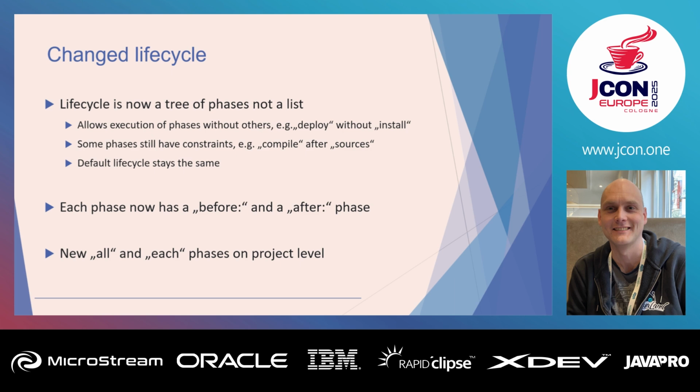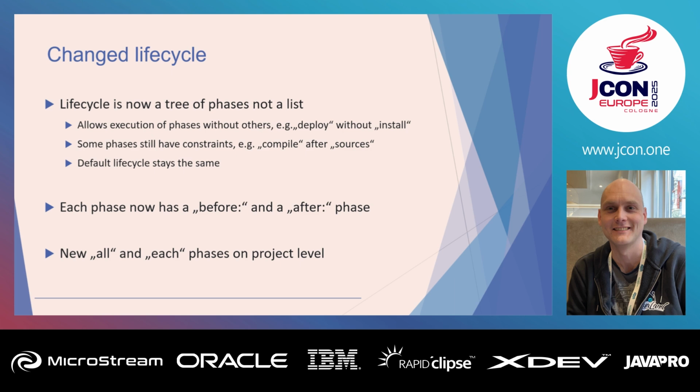Another change that is more interesting for us on a daily usage basis is that now every phase defined by Maven has a clear before and after phase. In the past with Maven 3, there were some pre and post phases, but not for all lifecycle phases, which brought us into the situation where, if you wanted to do something after a certain phase which has no post phase, you literally tried to do it somehow between or before the next phase.